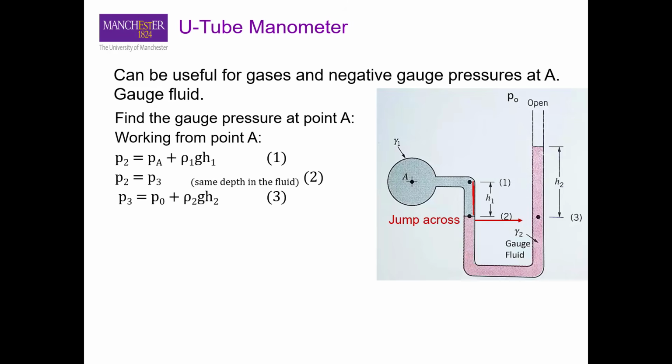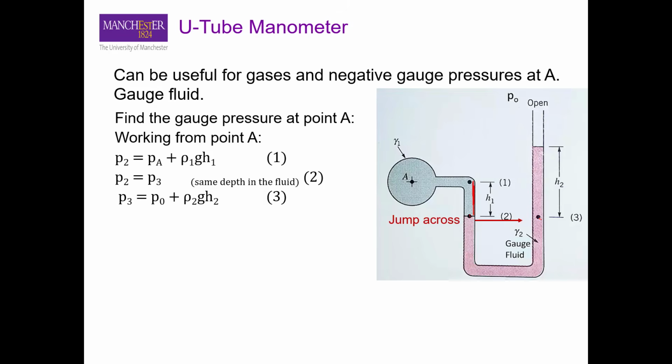We can also write that the pressure at point 2 should be equal to the pressure at point 3, and that we know from isotropy of pressure that we discussed in the beginning of this week's lectures. What it means is that if points are at the same height, we can actually jump from one point to the other.